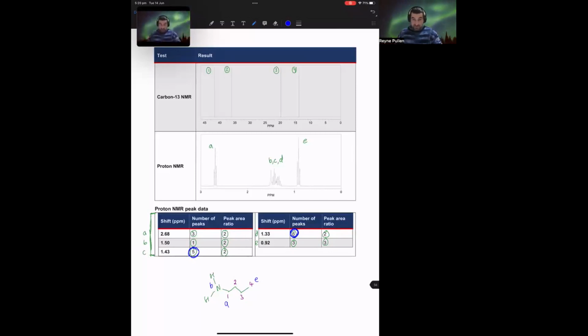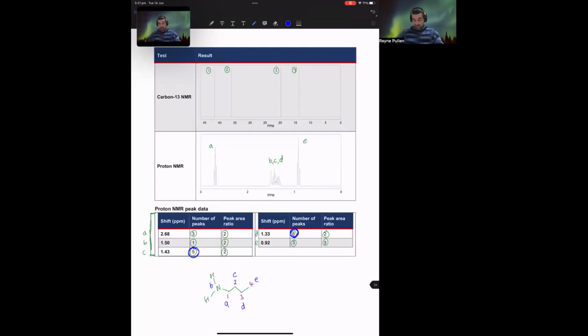We would expect to see 5 peaks. So therefore, this would be C. And we can confirm then that D will be at carbon 3 because it has 3 protons at the terminal carbon, and it has 2 protons at carbon 2, 5 protons in neighboring environments. So we see 6 peaks at that signal.